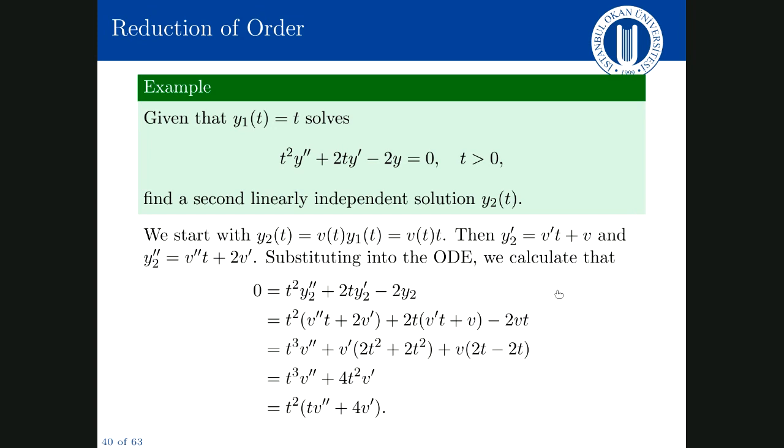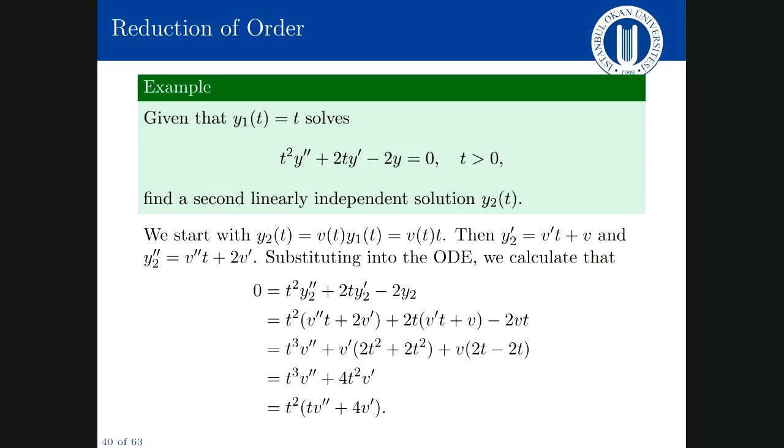Then we calculate y2 prime, y2 double prime, and we substitute these into the differential equation and simplify to get t squared multiplied by t v double prime plus 4 v prime.